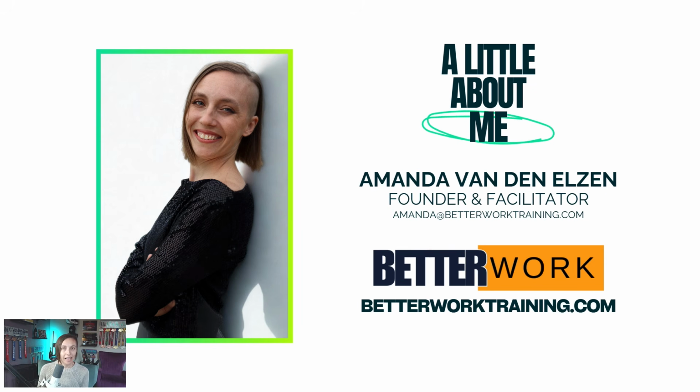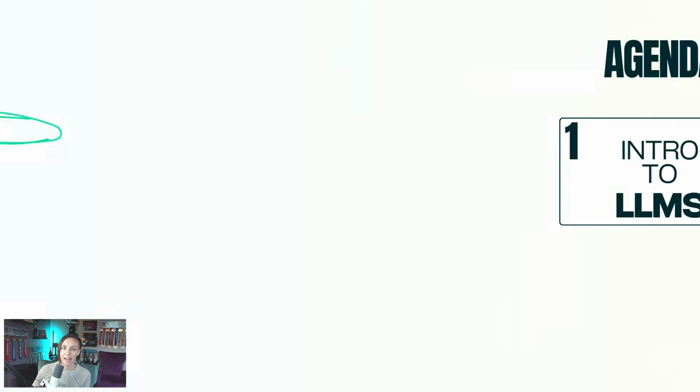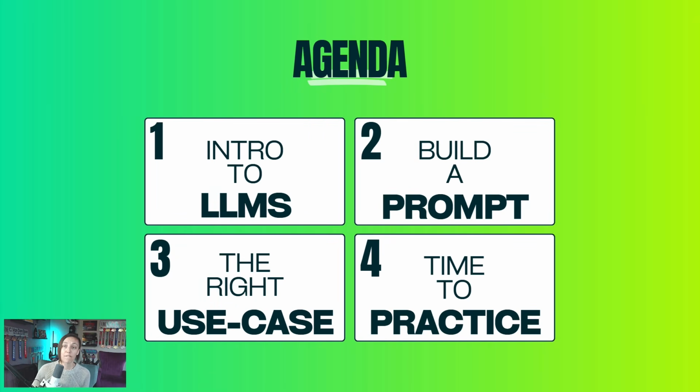So today I'm bringing you that expertise, and we're going to go through the fundamentals of using generative AI both safely and effectively. Here is what we'll cover today. So first, I'm going to give you a high-level overview of LLMs. That is large language models, and really that's just a fancy way to say the tools that look and work like ChatGPT.